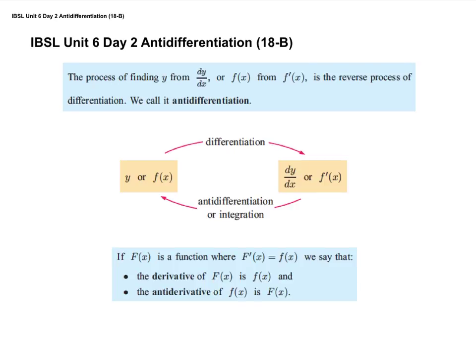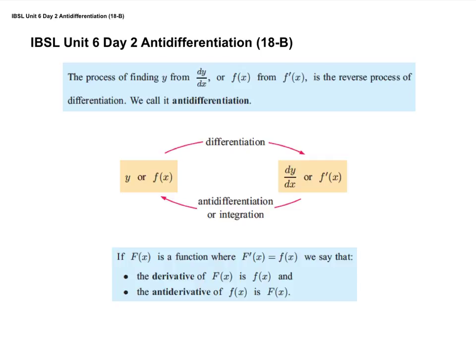Okay, so antidifferentiation is a process of finding a function y from dy dx. If you know the derivative, we can use this to find a function y.